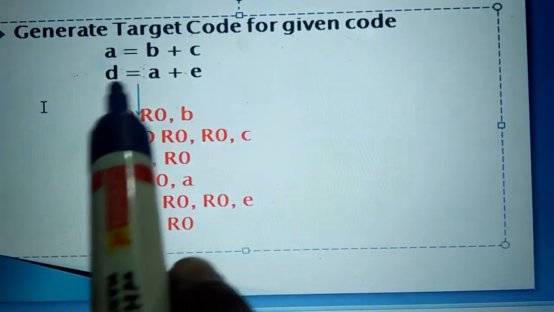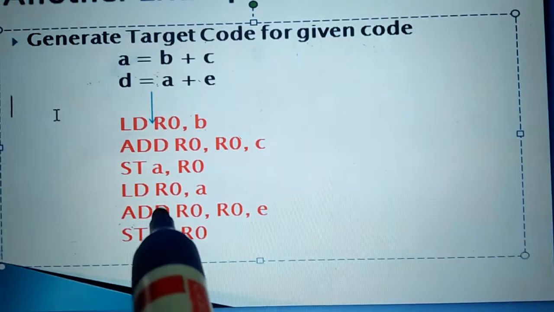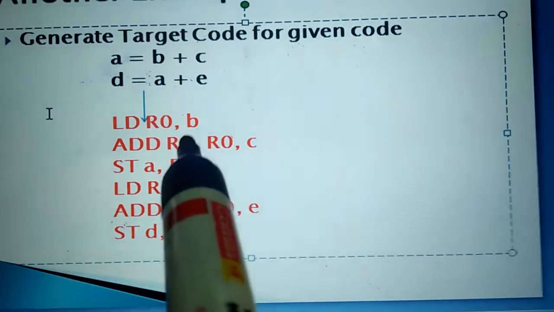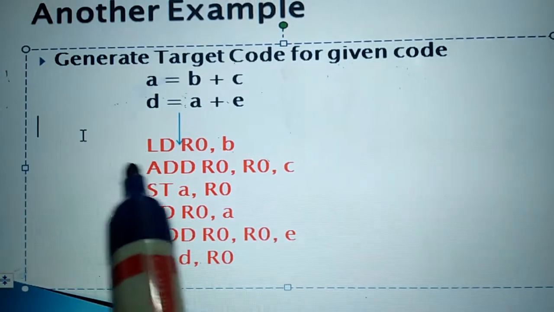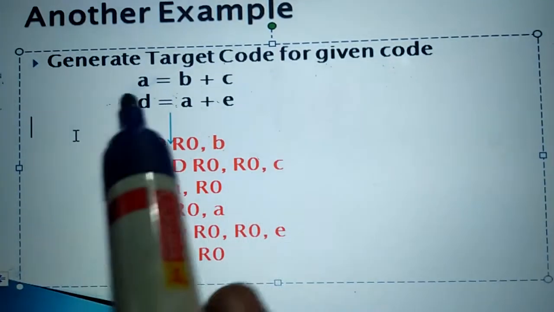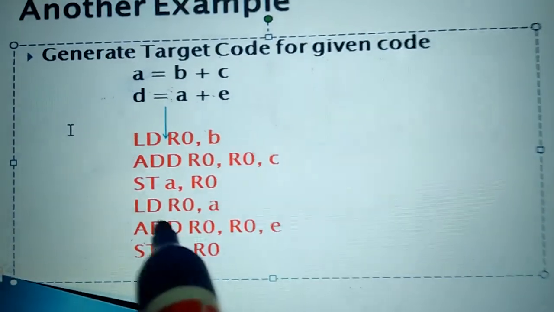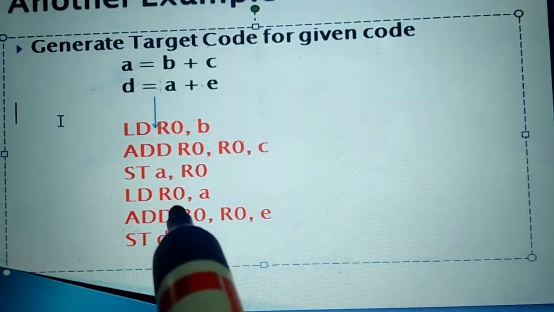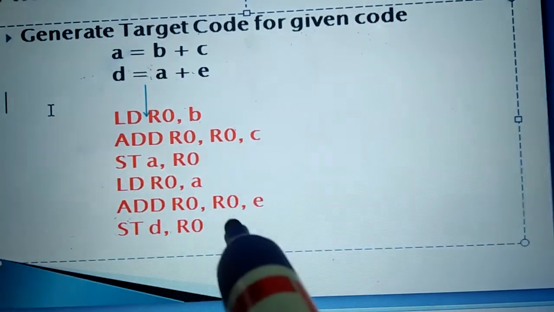Now here we have the next instruction, that is D is equal to A plus E. In that, again load R0. Why? Because again we are taking the same register. Why? Because now R0 became free after the first line of the given code. Now again I am utilizing the same register, that is R0. Again A is loaded in R0, and here A is added with E. So how is A added with E?